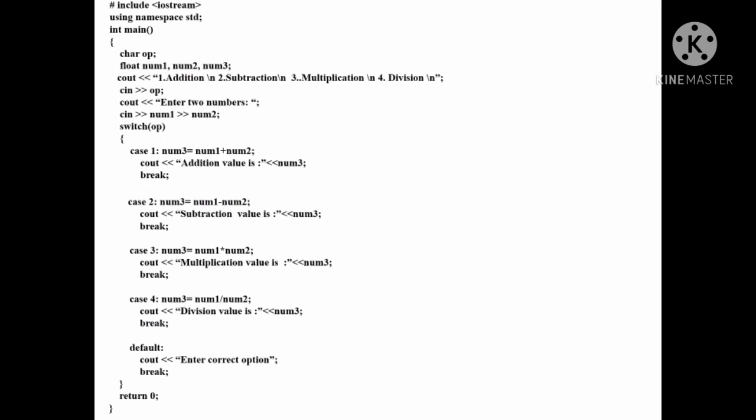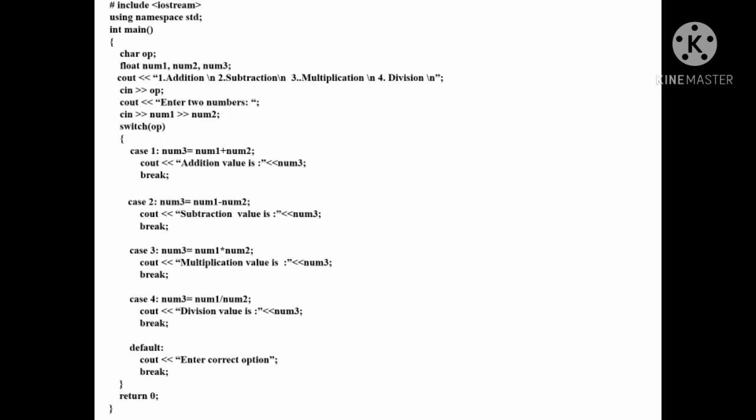We then display the message to the user to enter two numbers which are stored in the float variables named num1 and num2. Here we are using one more variable, that is num3, that is used to store the answer. The switch statement is then used to check the operation number entered by the user.